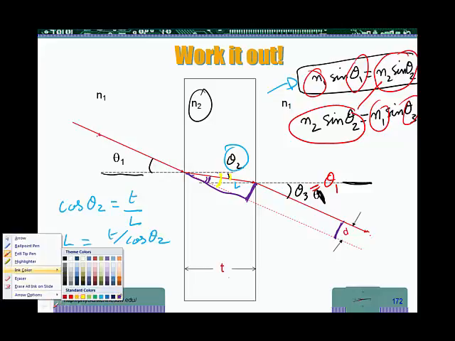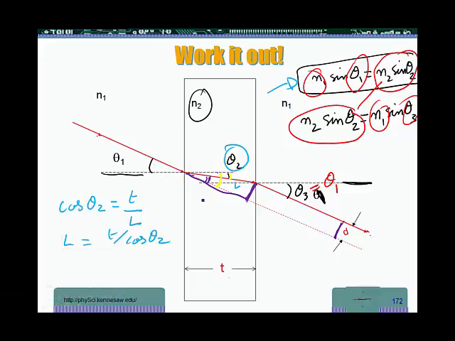So that tells us that this angle is theta 1 minus theta 2. And then the sine of that angle is equal to D, what we are looking for, over L.